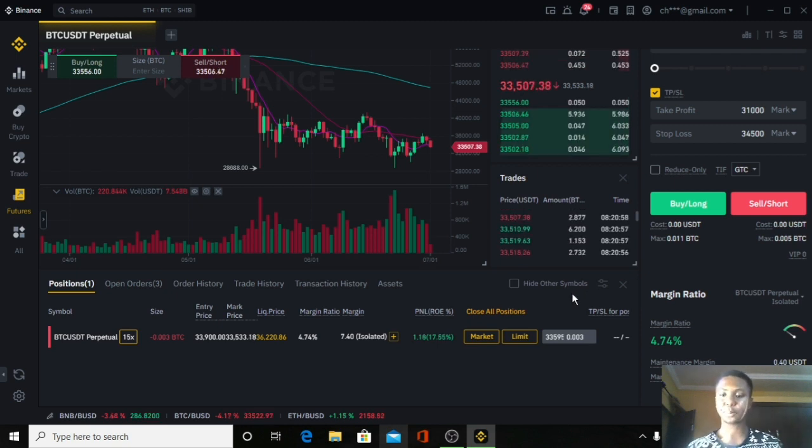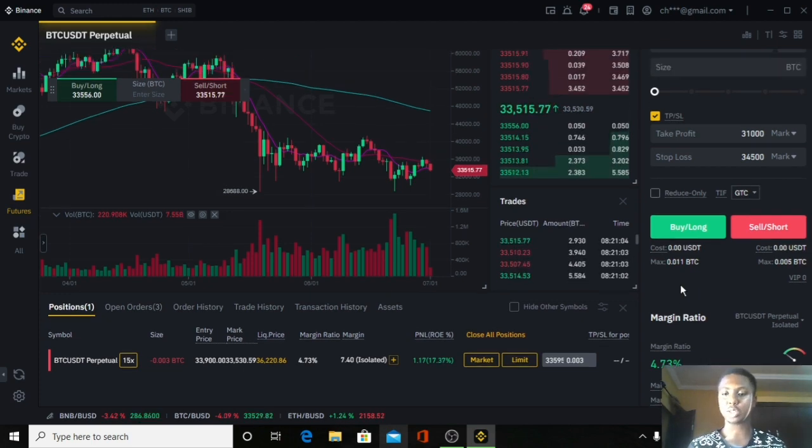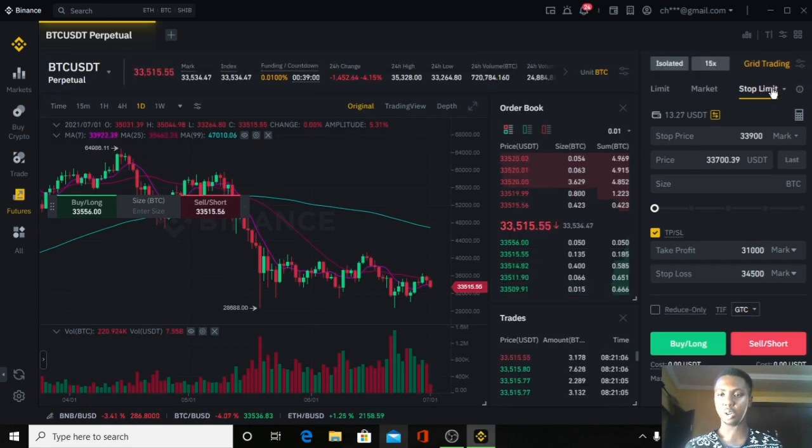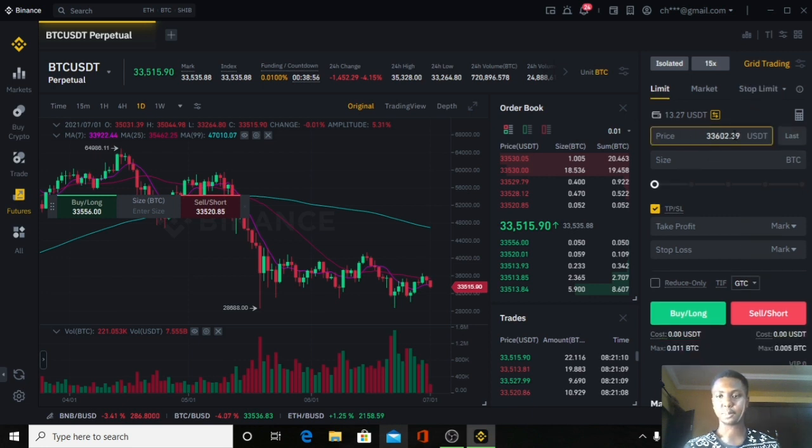So basically, that is how you set in a trade. As I showed you before, you can also set a conditional trade, which you saw me show you here using the stop limit. You can also set a limit trade of the price you want it to hit, and then it sells off for you.